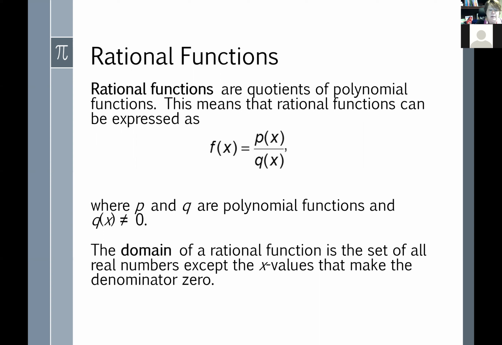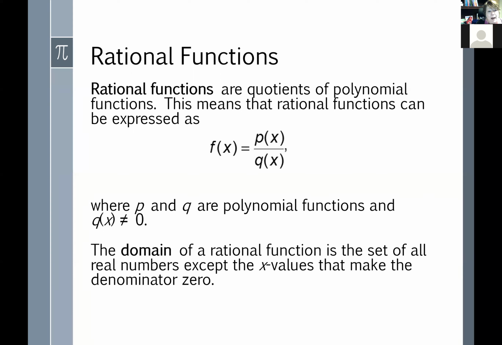And it is by the nature of fractions that the denominator, that q of x, that function that's in the denominator, cannot be zero. You can never have zero in the denominator of a fraction, ever.